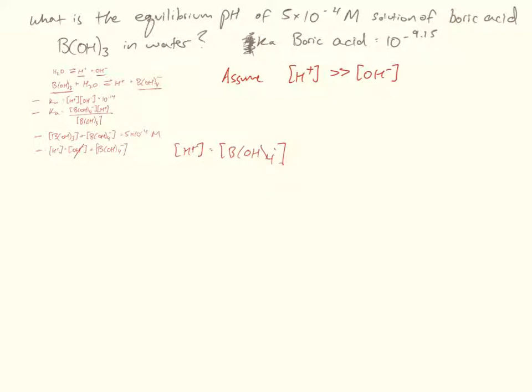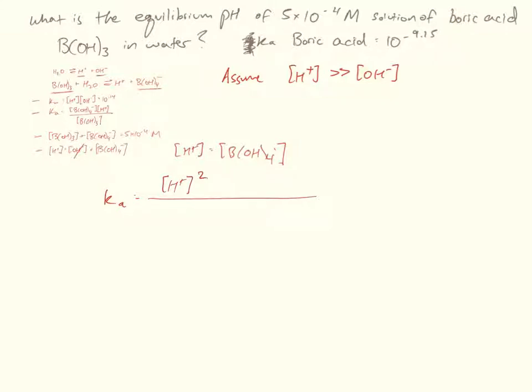If we start rewriting our Ka expression, Ka equals, we replace BOH4 minus with H plus, so we have H plus on the top times another H plus, so H plus squared. On the bottom we have BOH3.